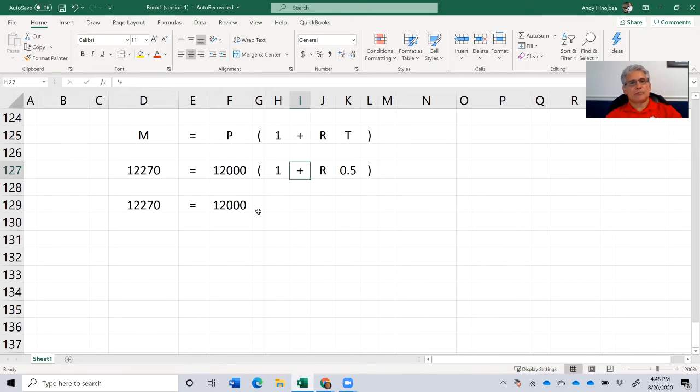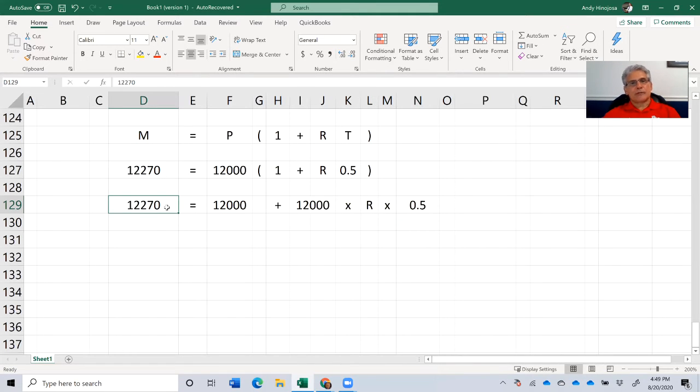And we can go ahead and move the plus sign over. And then what we're really looking at now is 12,000 times R times 0.5. Now we're going to focus on the multiplication item first, because we know since this is 12,000 times R times 0.5, then this can be converted.